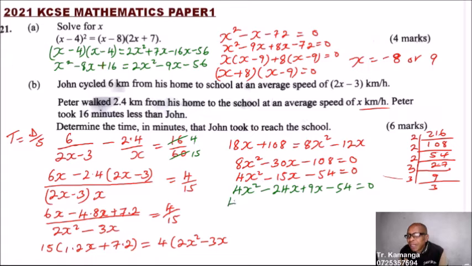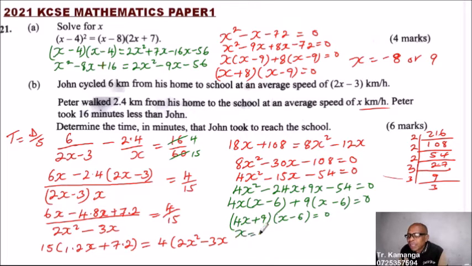So we can factor out 4 here, that is 4x. Once you factor 4x, you'll be left with x minus 6. Then we have plus. Here we can factor out 9. You'll be left with x minus 6 is equal to 0. So here we have 4x plus 9 times x minus 6 is equal to 0.